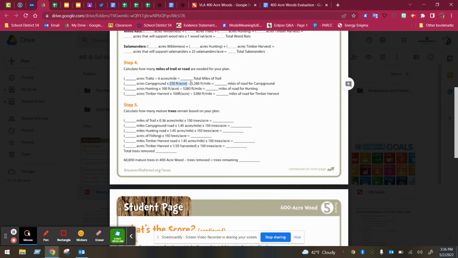And then I was going to divide that by 5,280 feet per mile. If you get decimals for your answer, go ahead and round it to one number after the decimal. So if, for example, you got the number 34.333, just simply round that to 34.3.